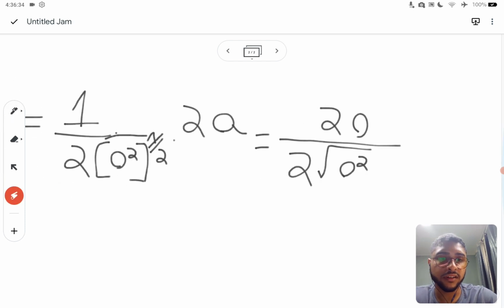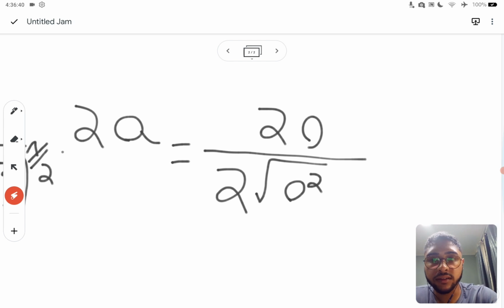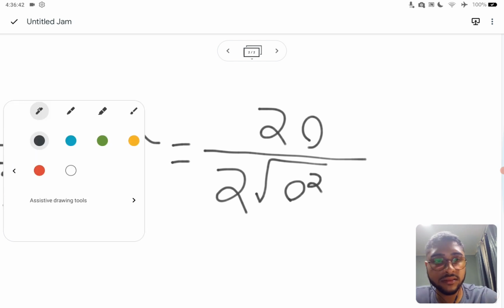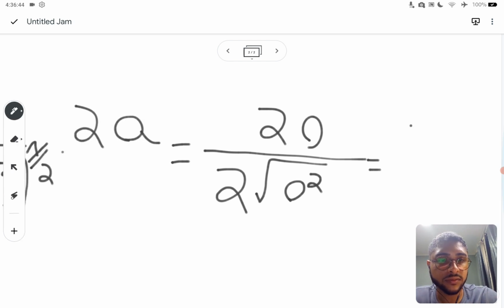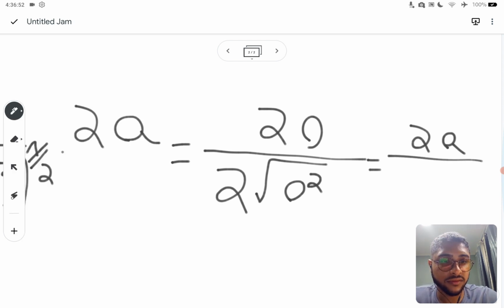We said before that the square root of a squared is the modulus of a. Let's put it here again: it will be 2a over 2 times the modulus of a.